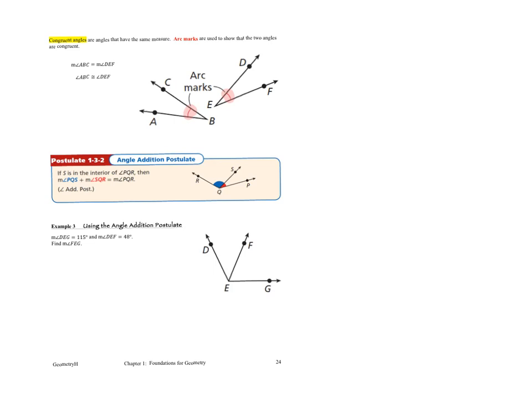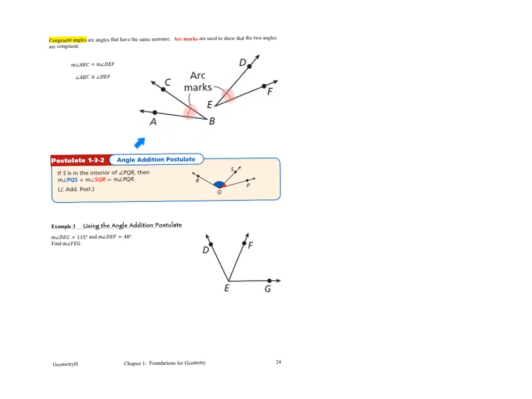And so I know that angle B is congruent to angle E, or I know that angle ABC is congruent to angle DEF, or I could say angle CBA is congruent to angle FED, for instance.